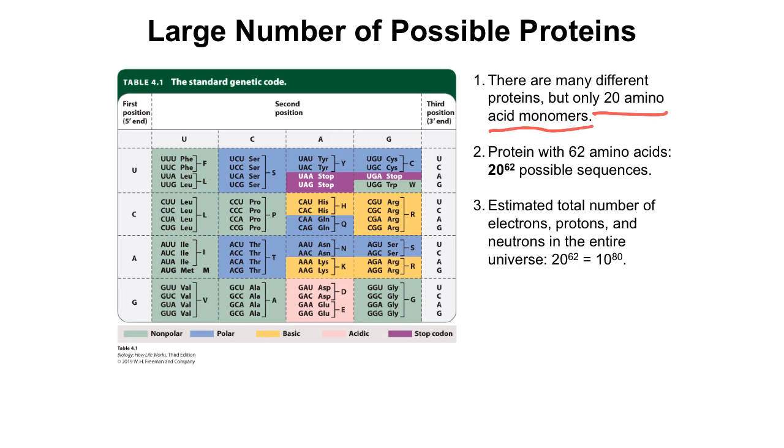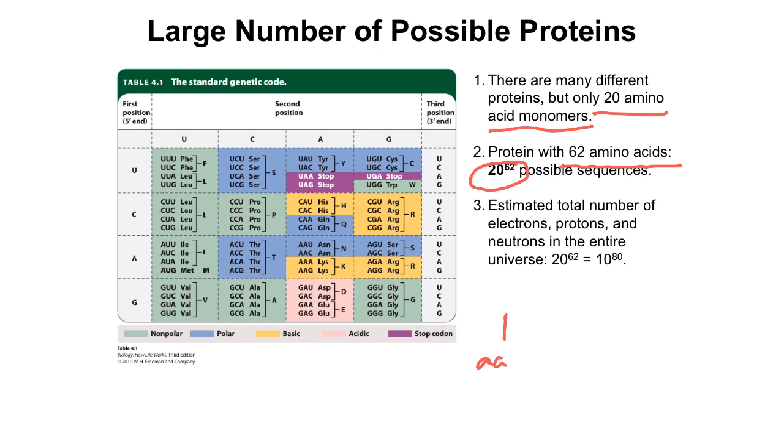Okay, so consider, for example, a protein with just about 62 amino acids long, which is rather short for the average protein that we see in cells, which has an average of about 500 amino acids. So the possible combination of all random sequences would give rise to 20 to the 62 possible sequences, and that's because every position gives you 20 possibilities.